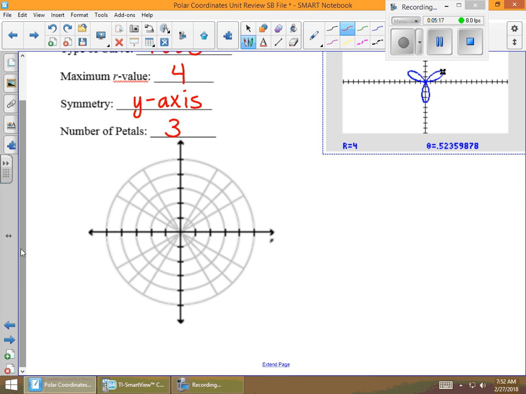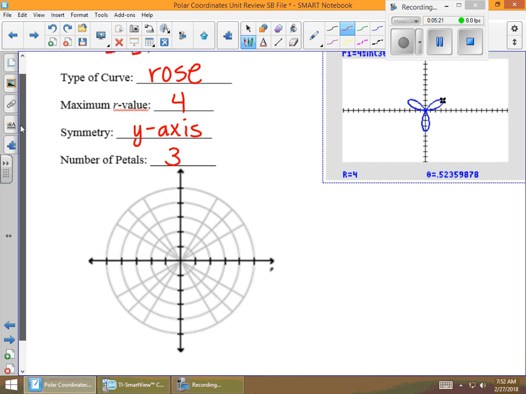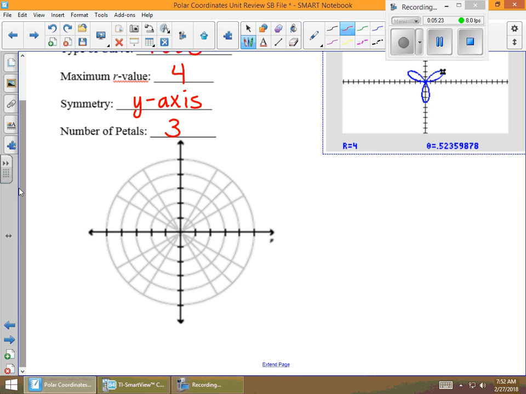So pi over 6, and again, my max R value is 4, so I'm going to go 4 units out. 5 pi over 6, 4 units out. 3 pi over 2, 4 units out. And then do as nice of a job as you can. Yours on paper hopefully will look a little better than mine do on the smartboard.